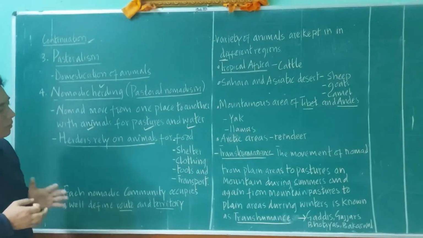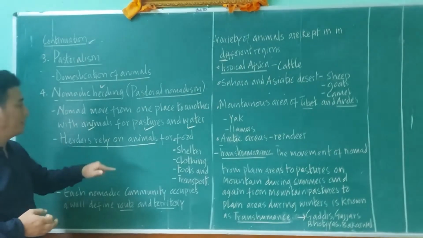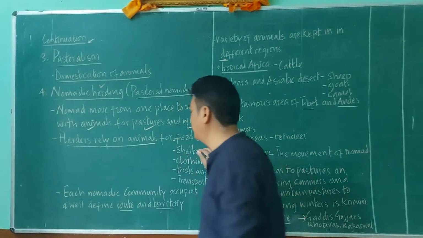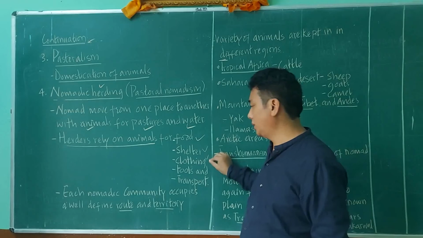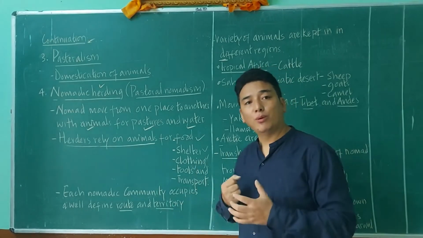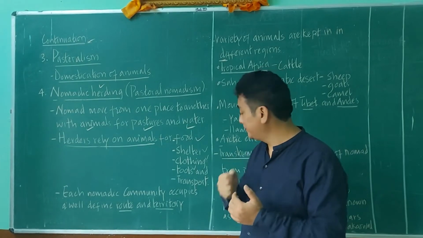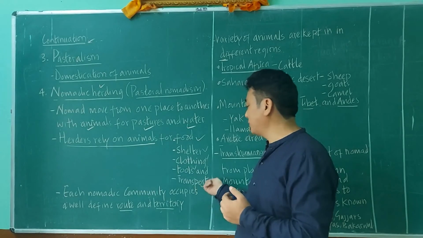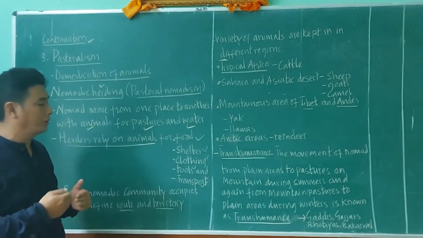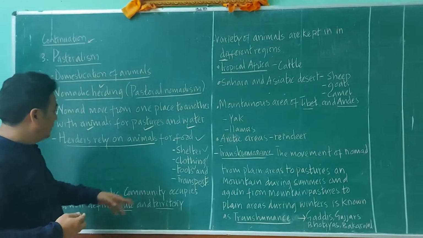Their livelihood depends on animals, for example food, shelter, clothing, and tools. The animal bones can be used for making tools. And for transport, they carry whatever they have on the back of an animal. Is that clear?